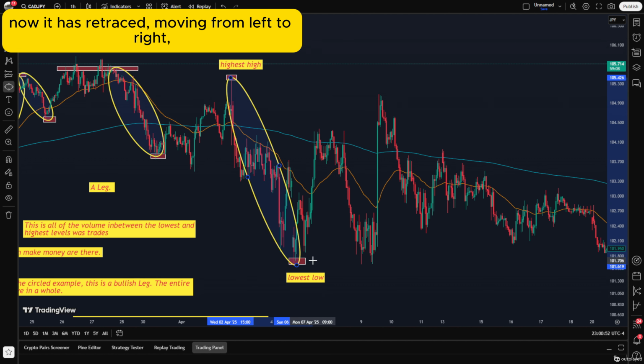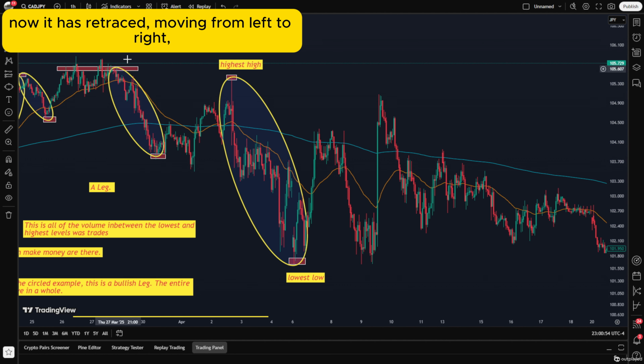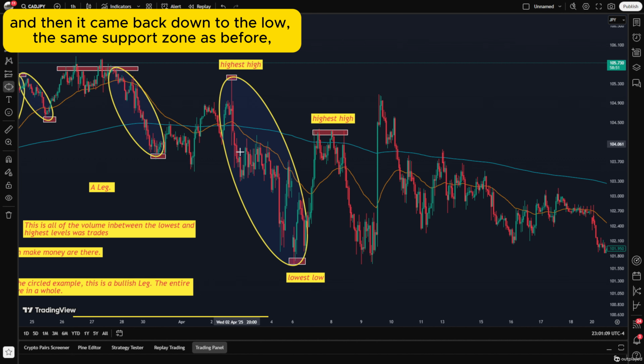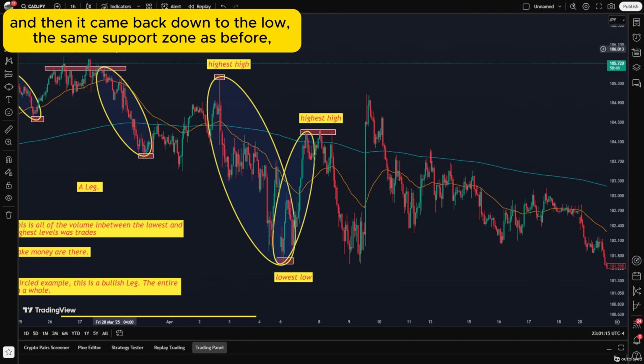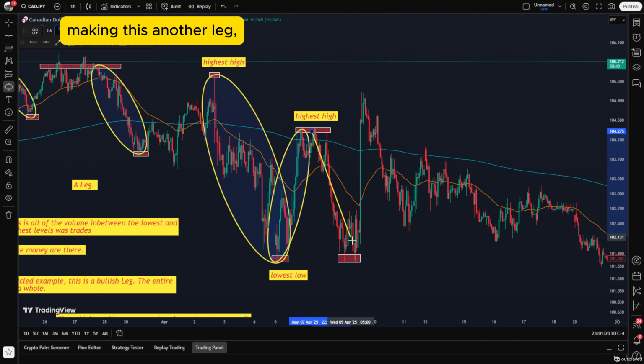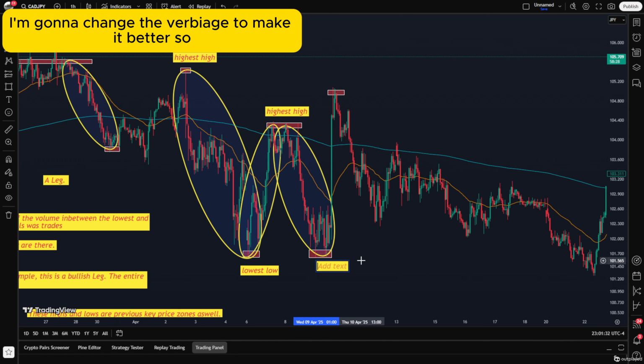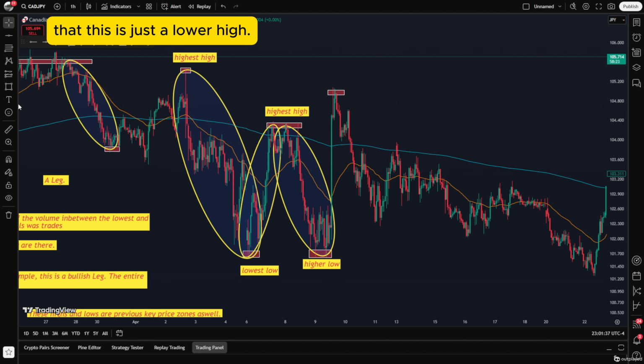Now it has retraced, moving from left to right, and this was the highest that price reached. And then it came back down to the low, the same support zone as before, making this another leg. I'm going to change the verbiage to make it better so that this is just a lower high.